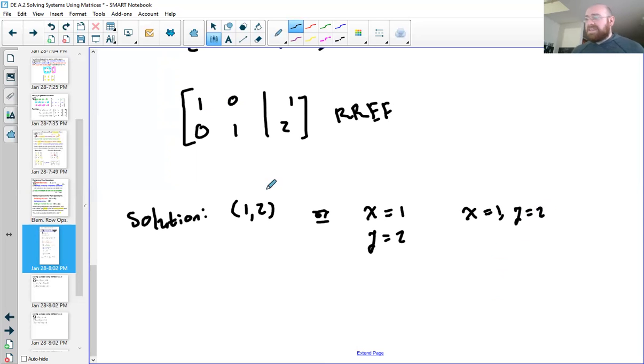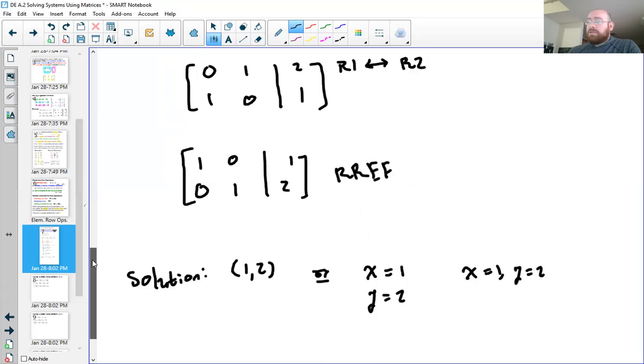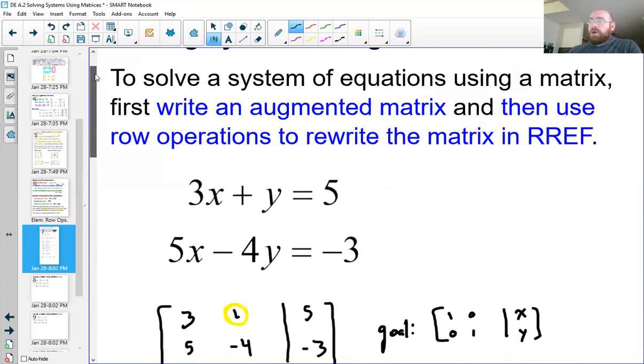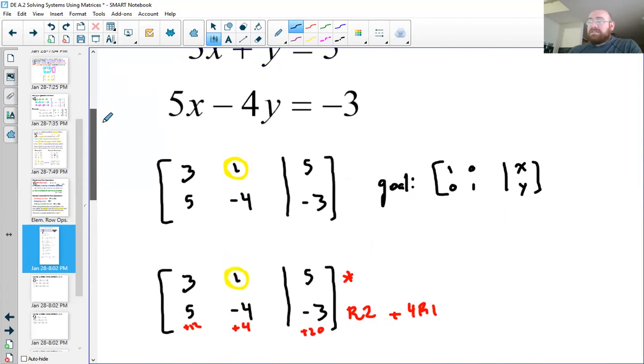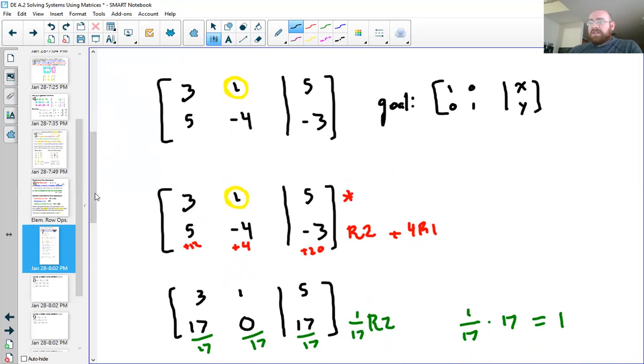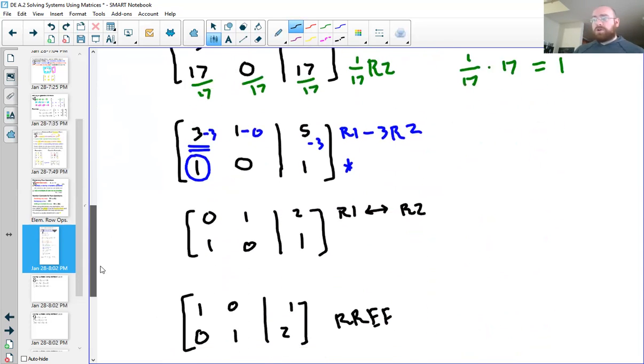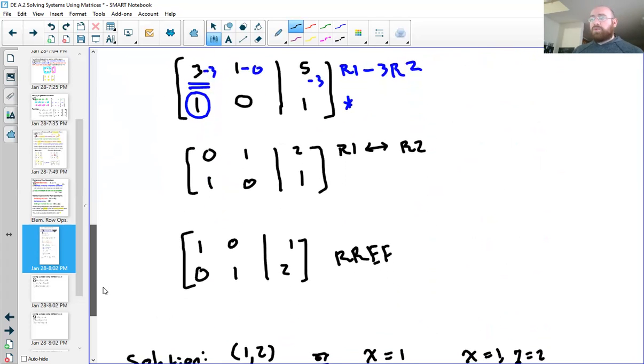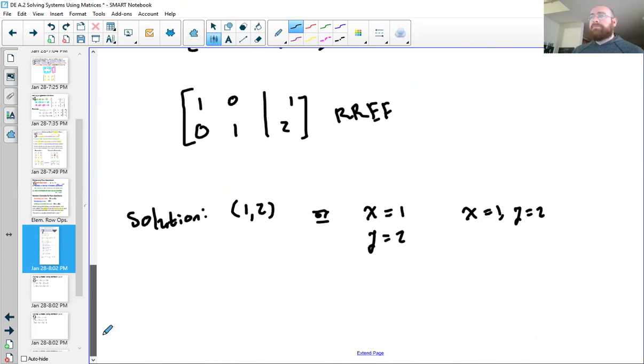In either case, this is our solution, and we got here using our row operations. And because we have this more concise method of noting what we're doing, it actually appears to be less work than it would have taken if we had solved it just using elimination in a more traditional sense.